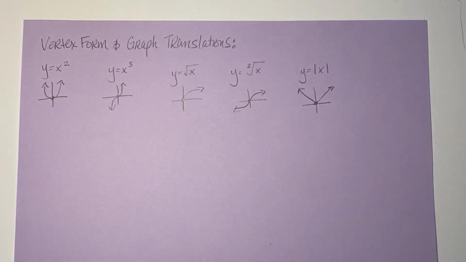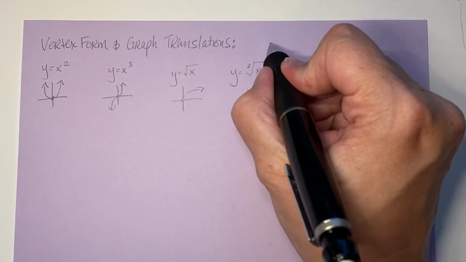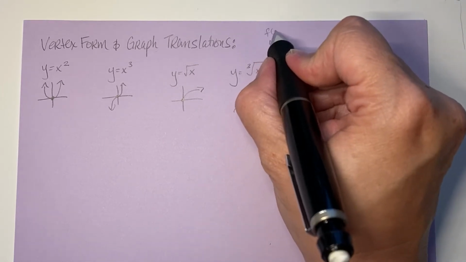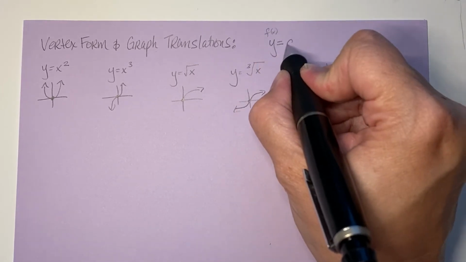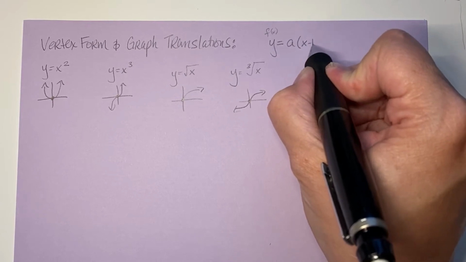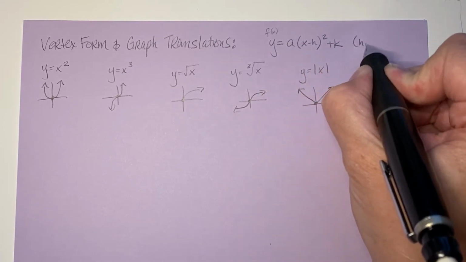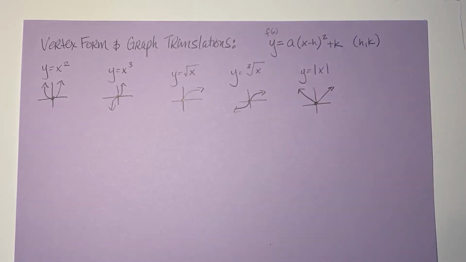Okay. So our basic vertex form looks like y equals, or f of x equals, same thing, a times (x minus h) squared plus k, where h and k is the vertex.